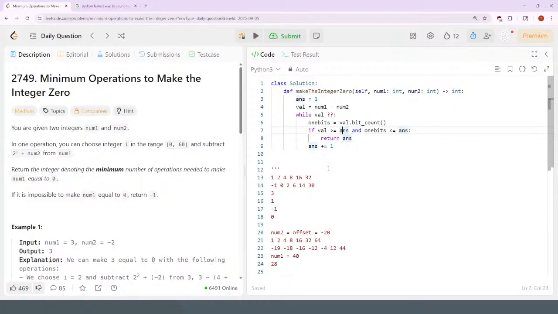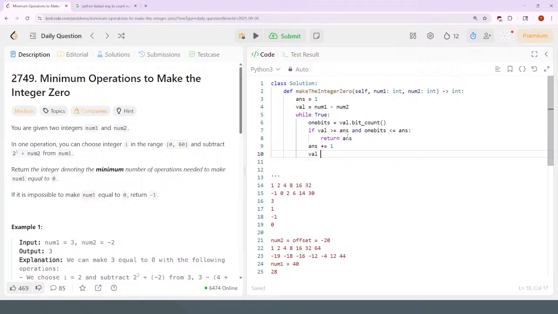Otherwise, do the loop again, I think let's just do while true here. Next time I do the loop, it should be value minus equals another num2. So next time I do the loop, value changes, count the number of 1 bits in that.